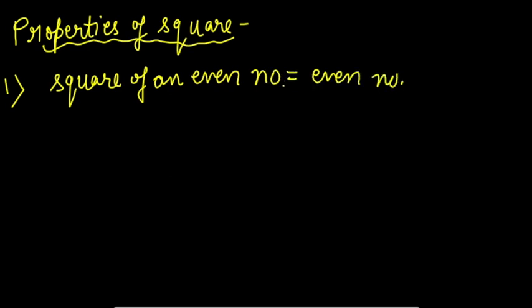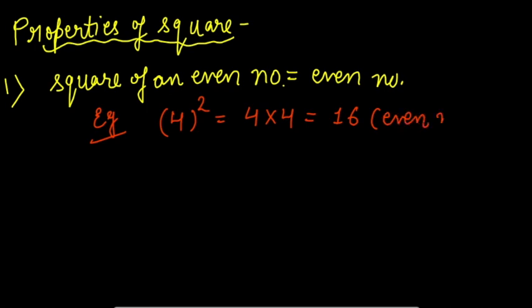We can understand it with an example. If I take any even number, say 4, and the square of 4, I expand it, 4 raised to the power 2 means 4 into 4, which gives me 16, and 16 is again an even number, right?